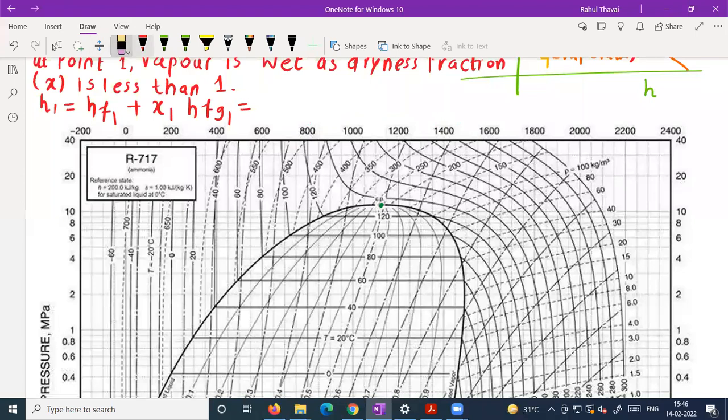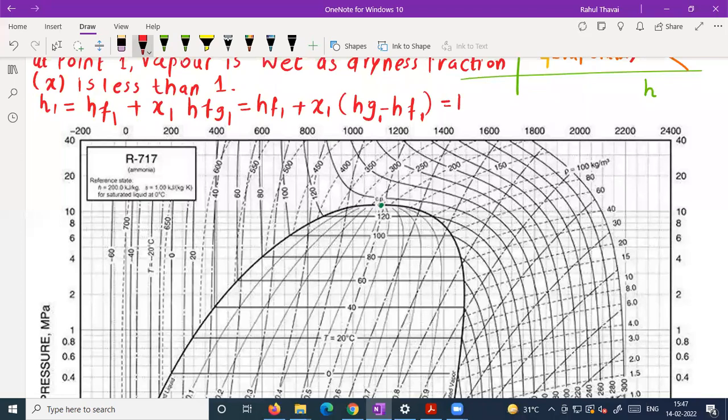Okay, so this is given by HF1 plus X1 into HFG. As I told you, there's a difference between HG and HF. It is a difference of HG and HF. So I just write down here in detail: the difference between HG and HF, that is nothing but HFG.